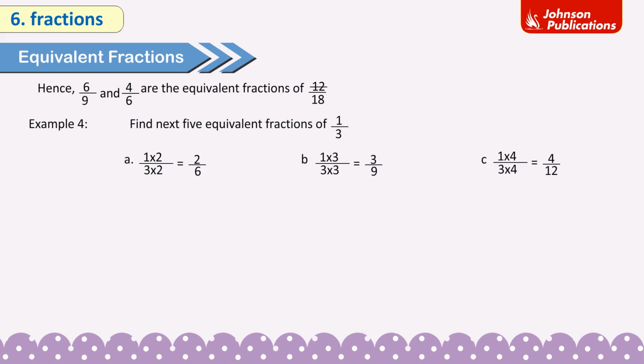C. 1 multiplied by 4 upon 3 multiplied by 4 equals 4 upon 12. D. 1 multiplied by 5 upon 3 multiplied by 5 equals 5 upon 15. E. 1 multiplied by 6 upon 3 multiplied by 6 equals 6 upon 18.